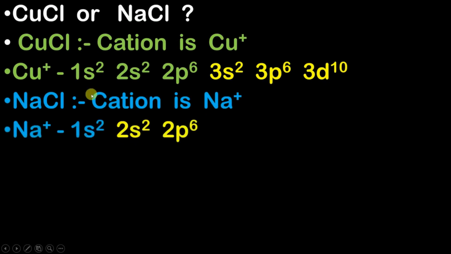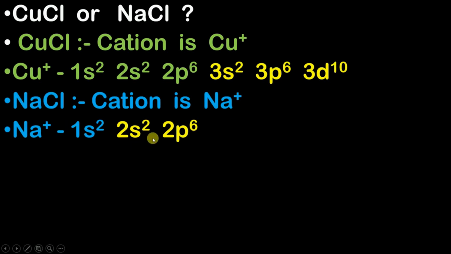Now here in Cu+, which is the highest energy level? 3 is the highest energy level. Am I right? We have the first energy level, second energy level, and third energy level. In the third energy level, the electronic configuration is 3s2, 3p6, and 3d10.